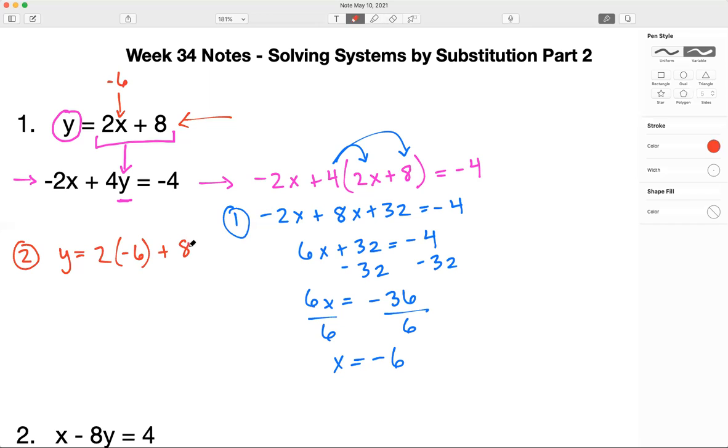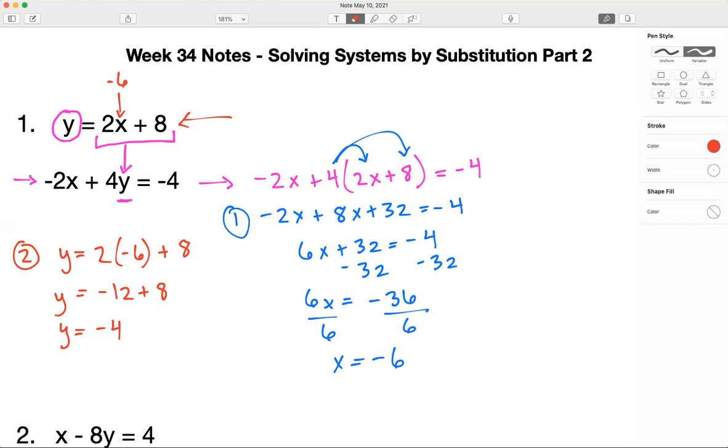Plus 8. Now let's solve for y. It's pretty simple from here on out. 2 times negative 6 is negative 12 plus 8. That is going to be negative 4. So we found x, we found y.